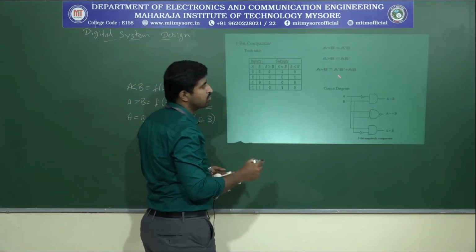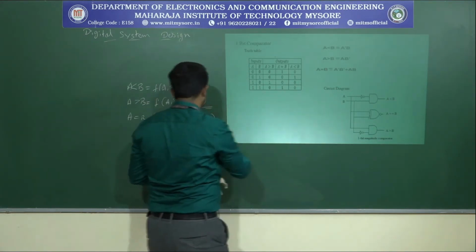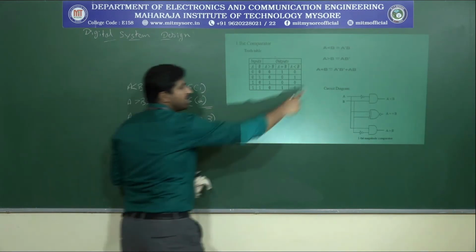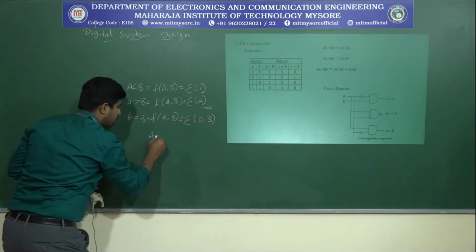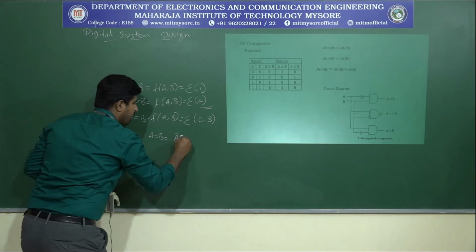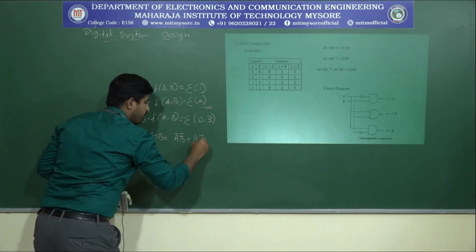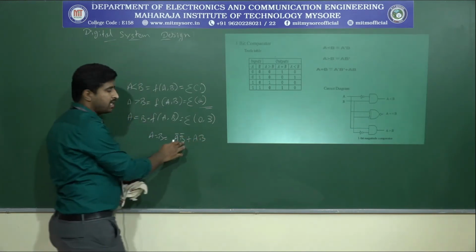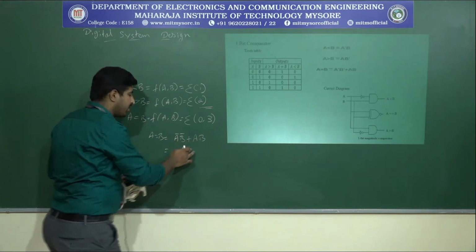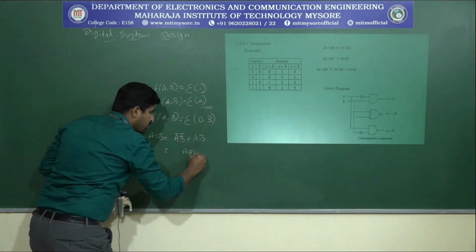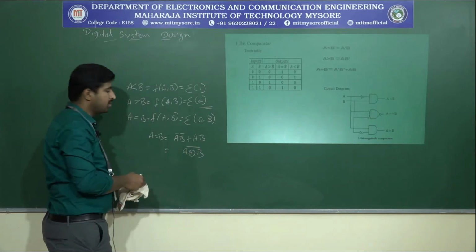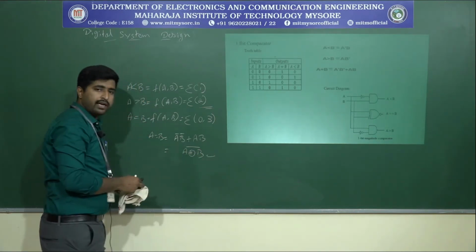Next is A equals B. If you look at this equation, A equals B equals A bar B bar plus AB. We know that this equation A bar B bar plus AB can be rewritten as A XNOR B, right? That means we can use an XNOR gate.